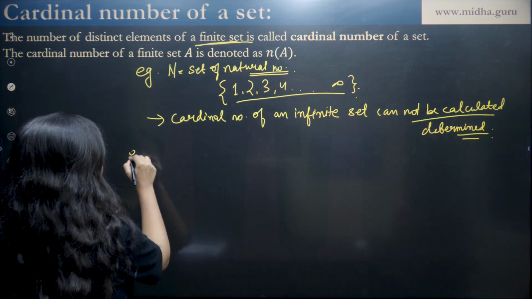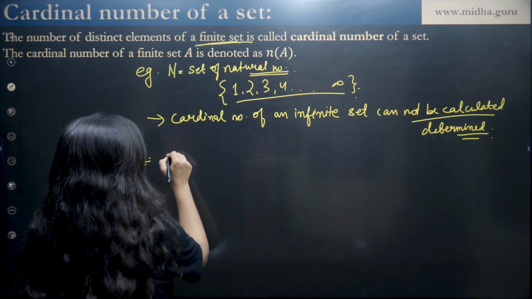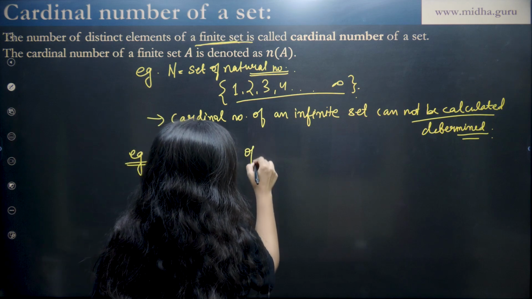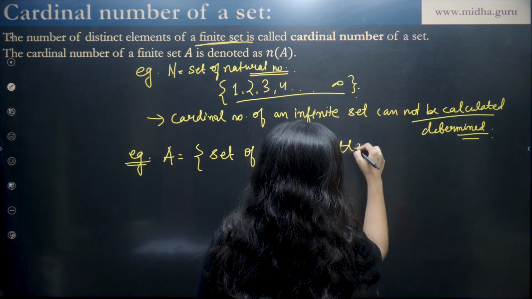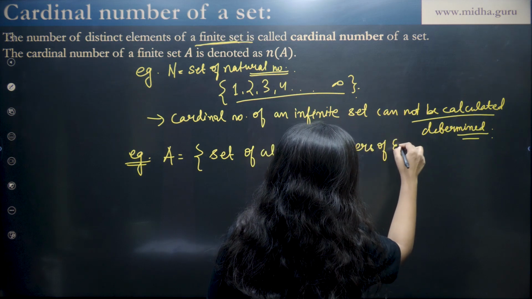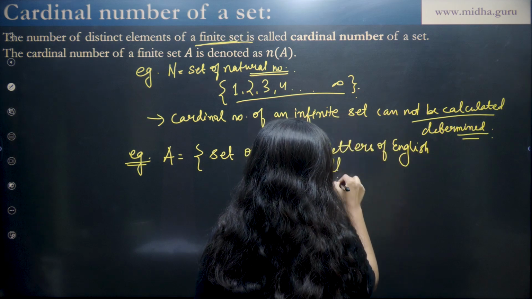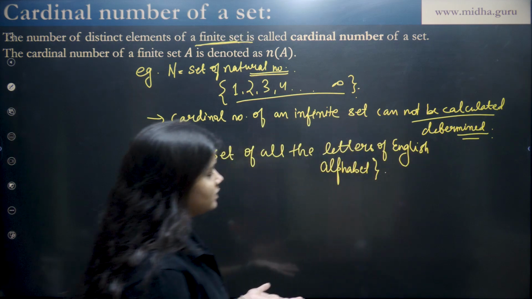Now let's take some examples to understand the cardinal number of any set. Let us take a set A, the set of all the letters of the English alphabet. So what is the cardinal number for this?